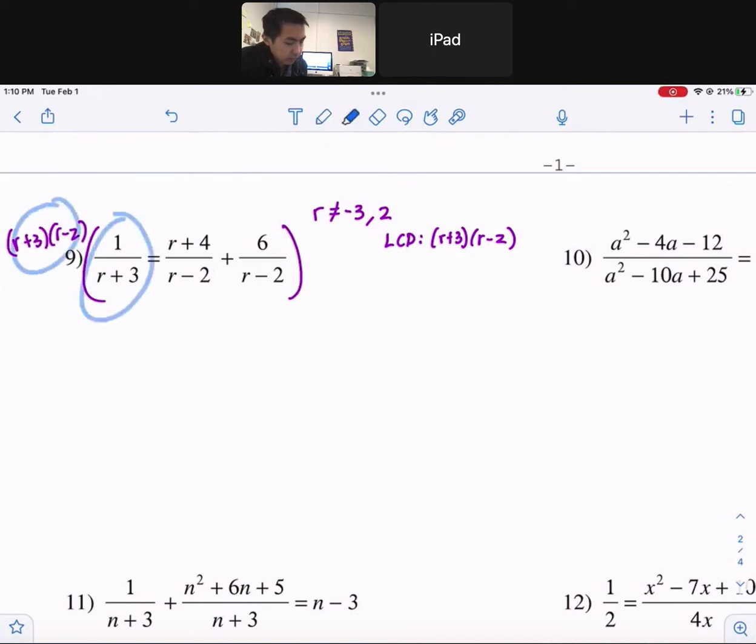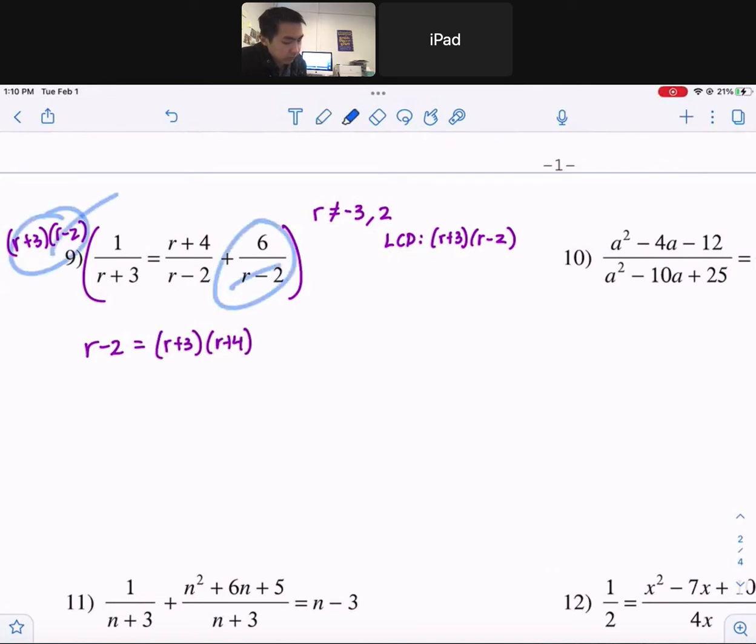So this times this, the r plus 3's cancel, so we just have r minus 2. This times this, the r minus 2 cancels, so you got r plus 3 times r plus 4. And this one times this one, r minus 2 cancels, so you got 6 times r plus 3.